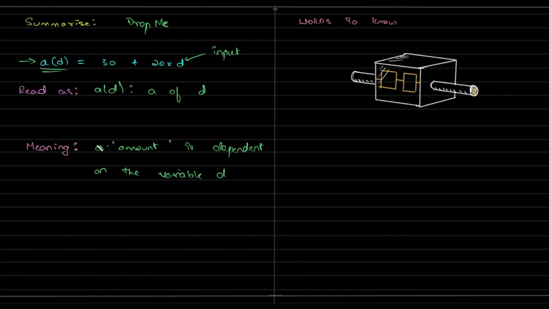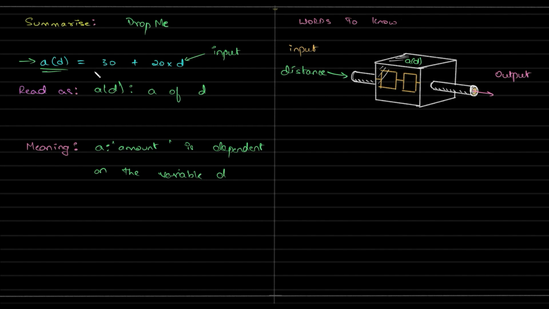So if I visualize the machine as this, okay, this is your machine. This is where you feed the distance, that is your input. Whenever you feed something, that is called the input. Whatever you get out of this entire process is called the output.